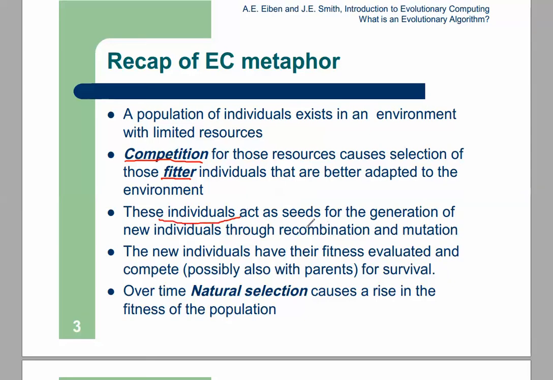Individuals have a seed or a location where there is a group of individuals, and each individual recombines or combines with each other and then mutates or changes the gene value.